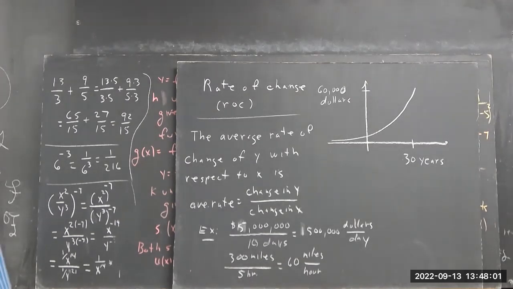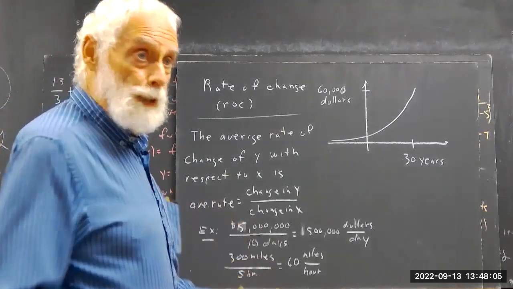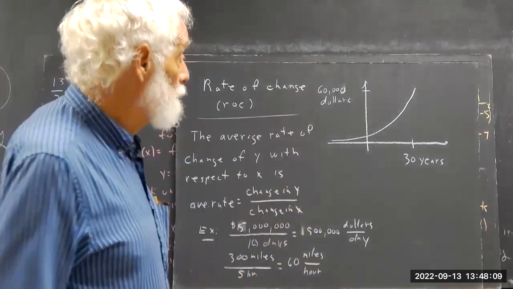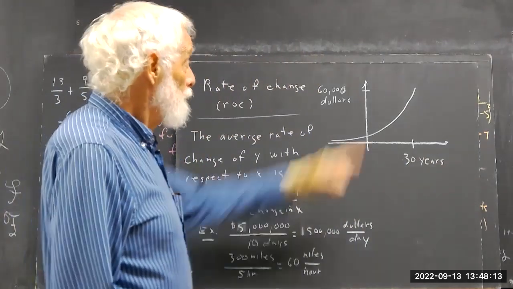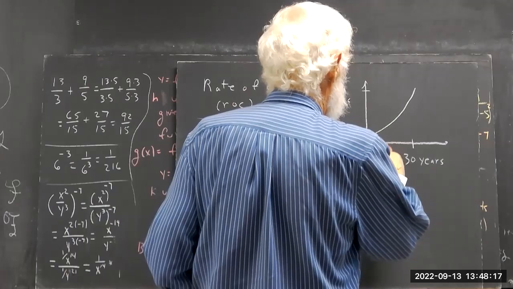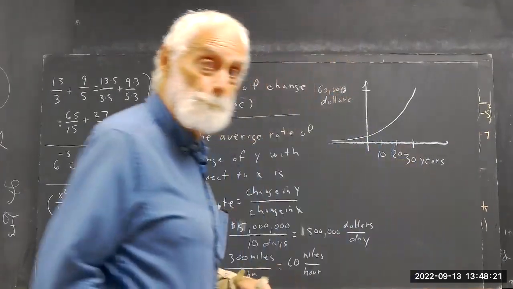Okay, now I didn't give you a lot of time to process this question, but to answer the question, how much money you have after 10 years from the graph, you find 10 years on the graph. Where's that going to be? Up here? No, it's obviously going to be about here. So maybe this is 10 years. Maybe this is 20 years, right?